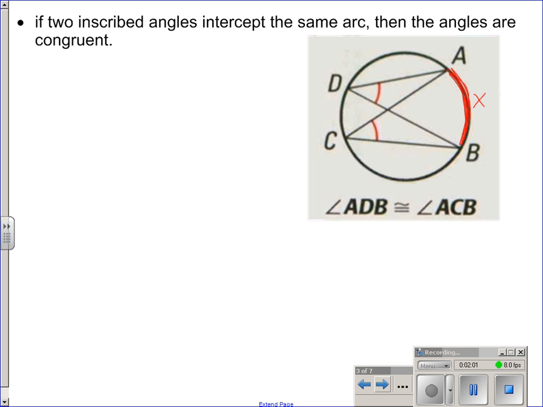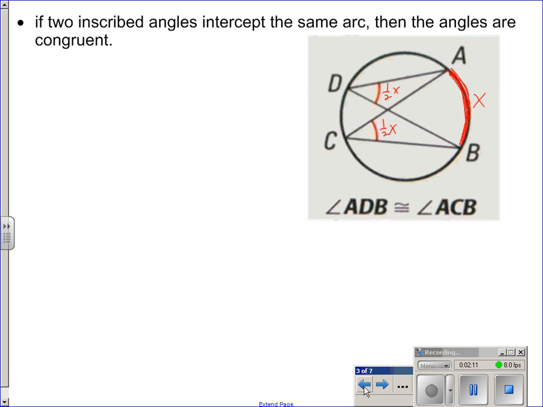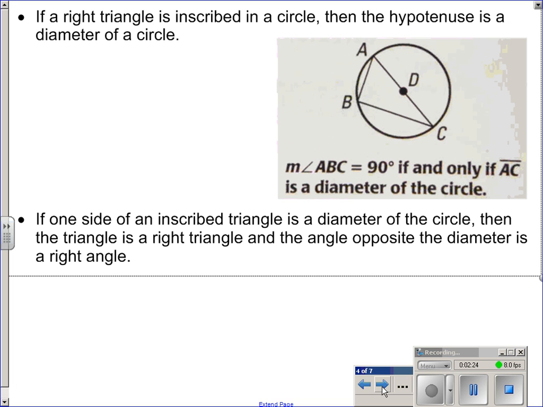So whatever this is, this angle is half of that, and so is this one. So they have to be equal to each other. And we could go in the other direction: if you have two inscribed angles that are equal to each other, then the intercepted arcs are also going to be equal. A little bit of a different idea, but it applies the same kind of logic.